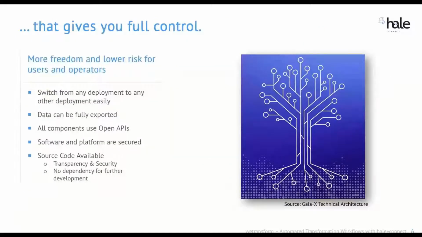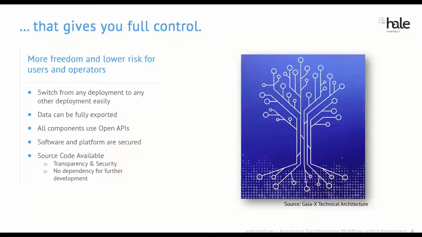Now, what's also important is that you really get full control of what you're doing and of the data. First of all, there's no lock-in into an application or deployment method. So all of your data can easily be transferred anytime because we only use open APIs. So you can switch from our application to any other application that deals with those APIs and the data.